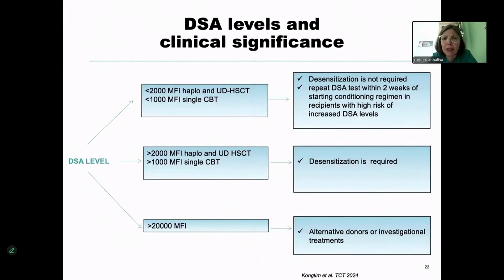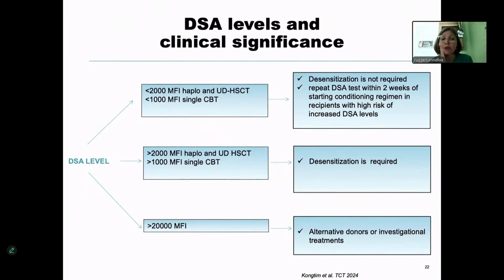So what about the level of DSA and its clinical impact? Of course, there is still high heterogeneity in how the different centers interpret and consider it. In any case, it is really important to consider that for low MFI levels, such as those less than 2,000 for haploidentical and unrelated and 1,000 for cord, it is more recommended to proceed with a further test before starting the conditioning regimen, and then monitor any increase of the DSA level.